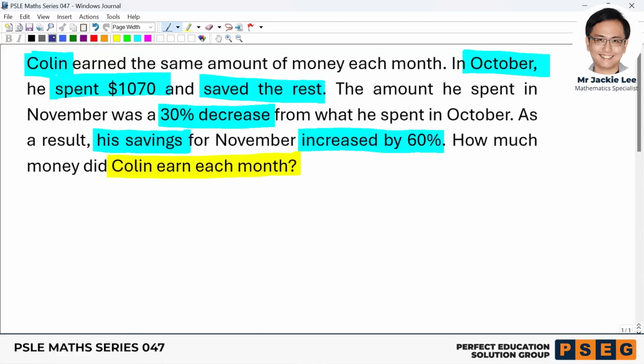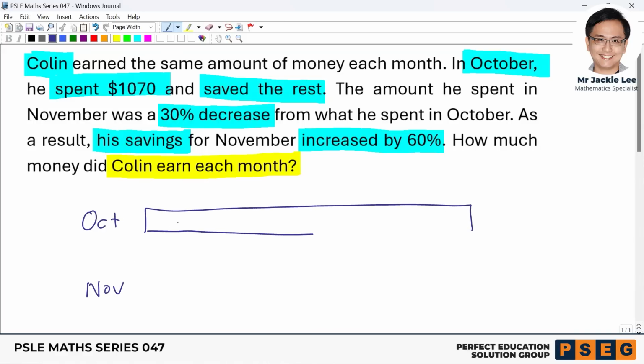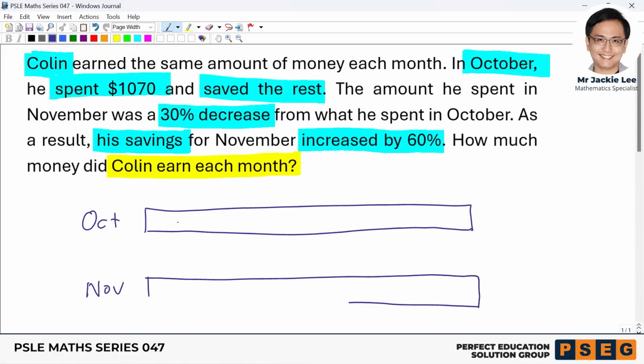Okay, so in the first place, we should have 2 bars, one for October, one for November. Bear in mind that the salary is actually the same for these 2 months. Let's assume that back in October, he saved 1,070, maybe somewhere here.